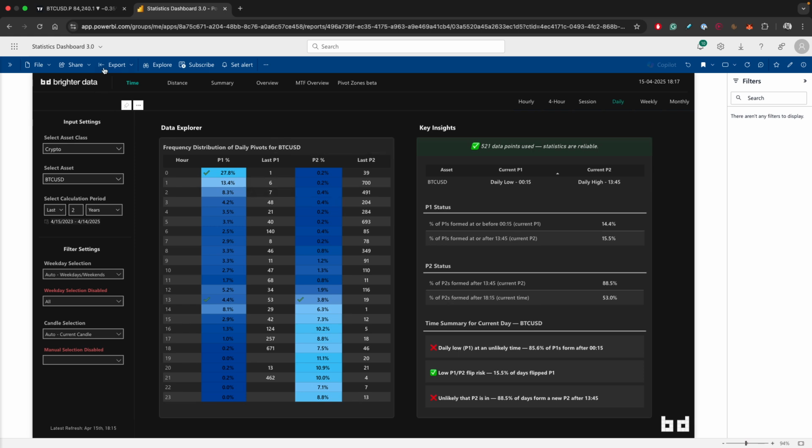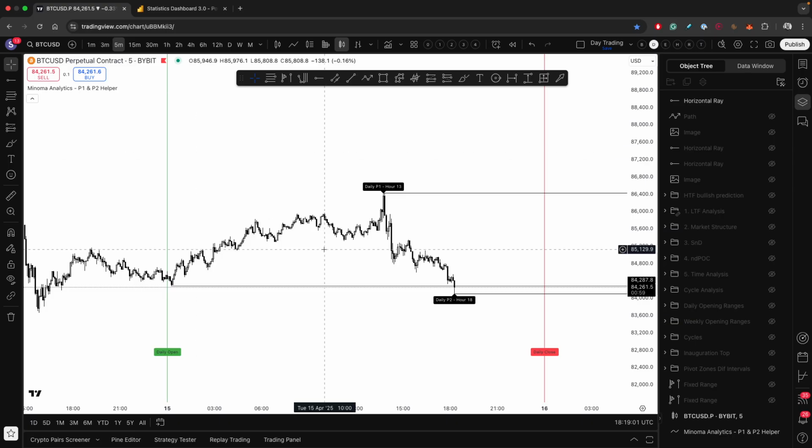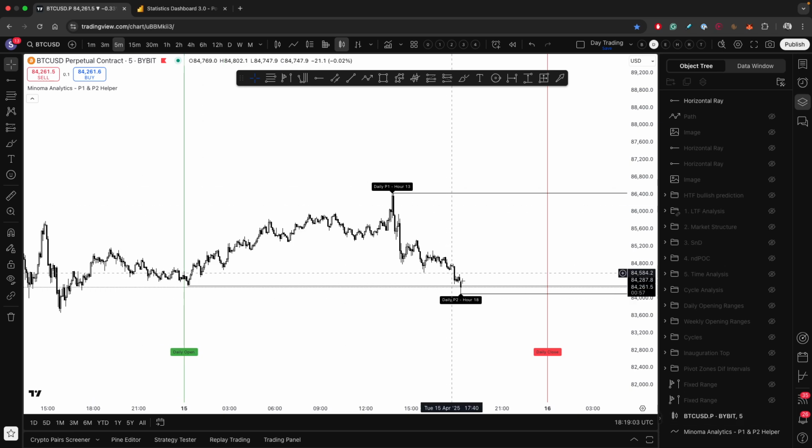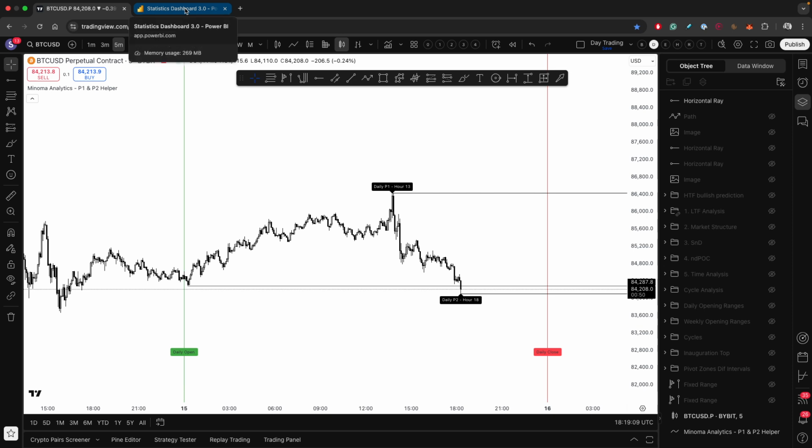So it's really not that common to put in a P1 very, very early in the day, in the first 50 minutes. And as you will see, the first 5 minutes is only like 5%, 6%, something like that. So now we took it out. This is a really nice warning for the risk of a potential P1, P2 flip. In this case, we just took it out.